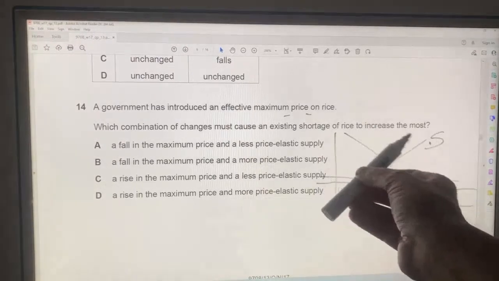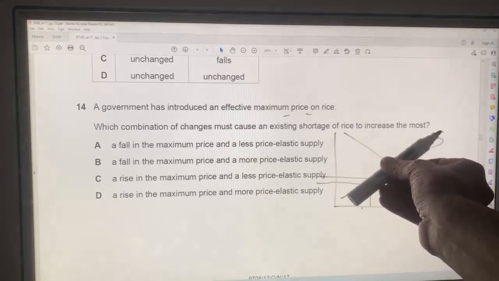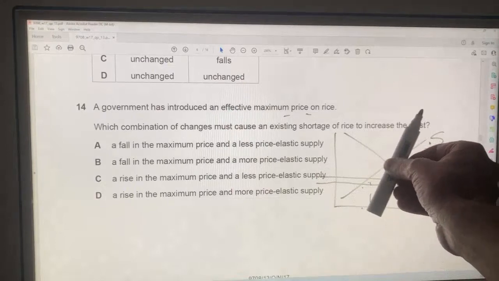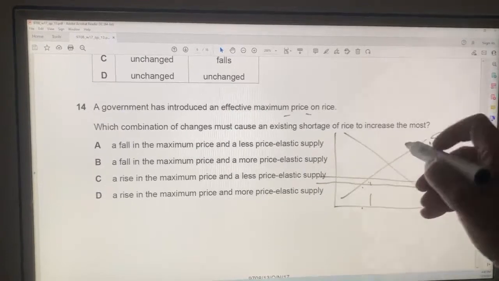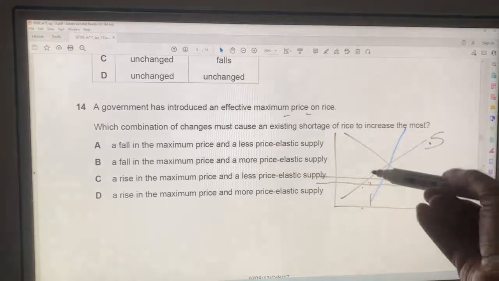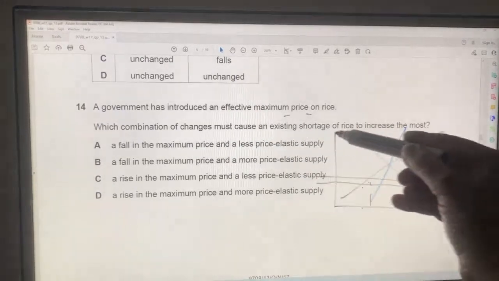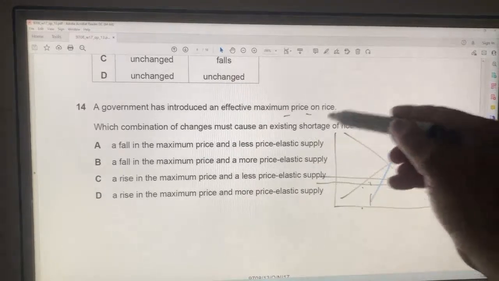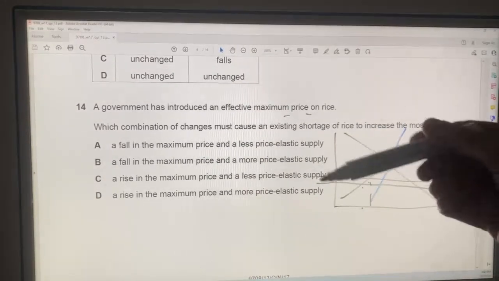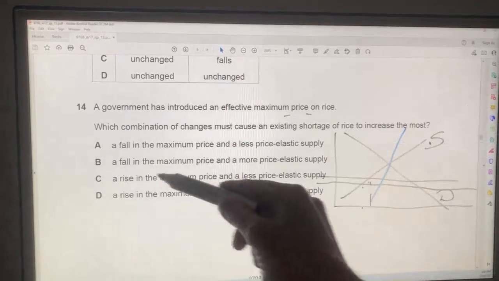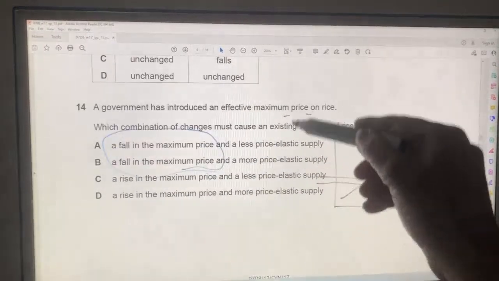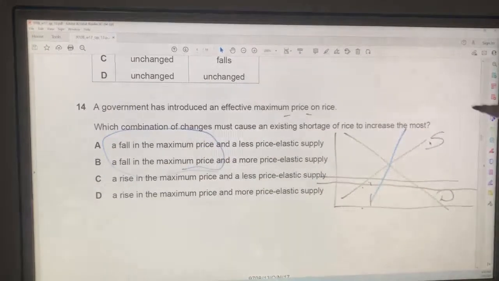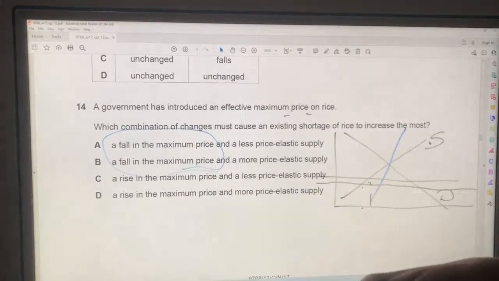But a less price elastic supply will shift our curve, so that probably won't cause an increase in the shortage. Probably not. B says a fall in the maximum price, yes, and a more price elastic supply, yes.